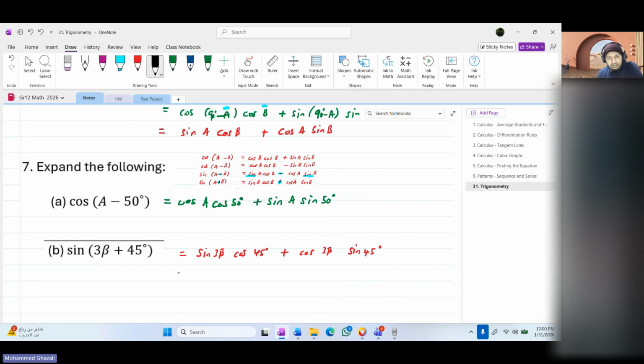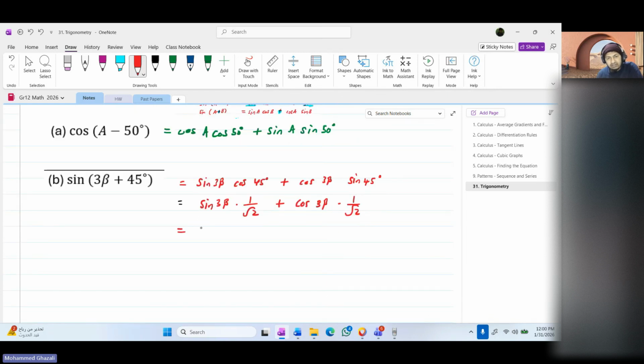Now we can't do anything with the 3 beta, but cos of 45 is 1 over root 2. So sine 3 beta times 1 over root 2 plus cos 3 beta times 1 over root 2. Now guess what? We can take out the 1 over root 2 as a common factor. And we can say 1 over root 2 times sine 3 beta plus cos 3 beta.